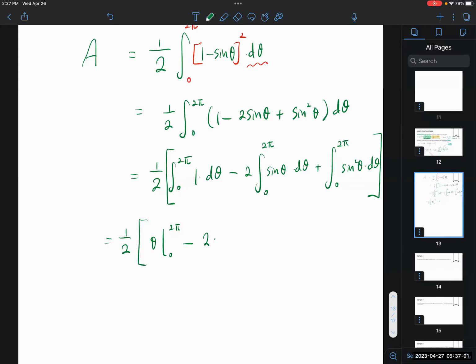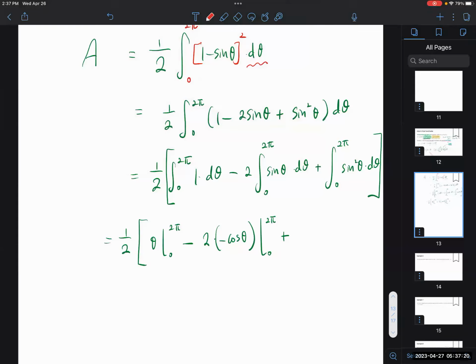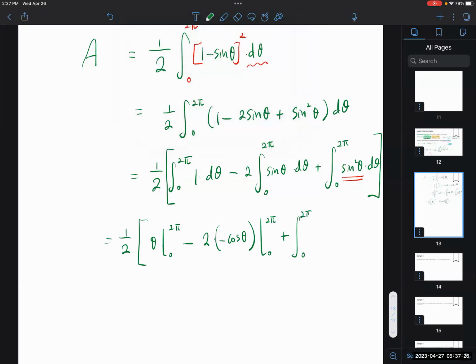Is it minus or positive cosine? Somebody can double check with me. Yeah, it's going to be negative. So negative cosine theta, 0 to 2 pi, plus, and then sine squared theta, you need to convert it to, okay, I'm going to write there, 0 to pi, 1 minus cosine 2 theta.